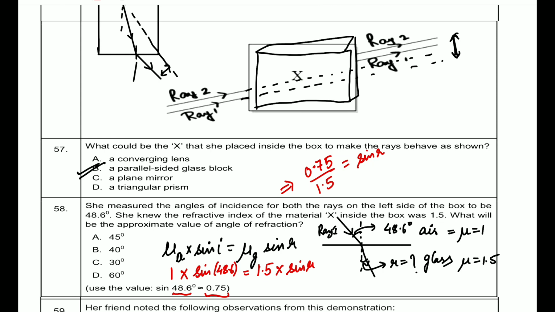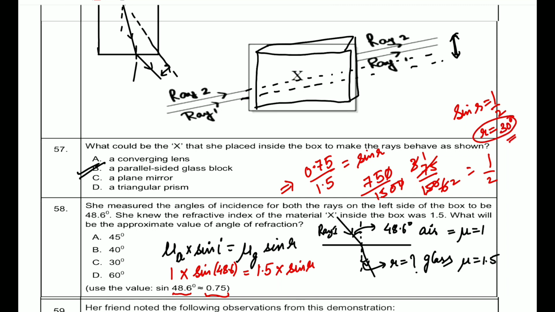So this is 75 upon 150, which is 1 upon 2. So sine R is coming out to be 1 upon 2, and I know R should be 30 degrees for it to be half, right?